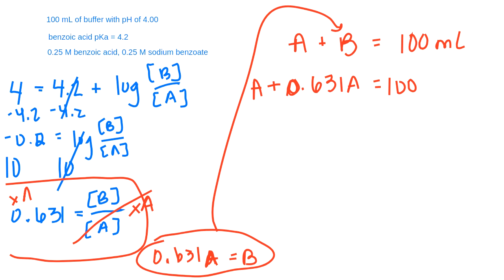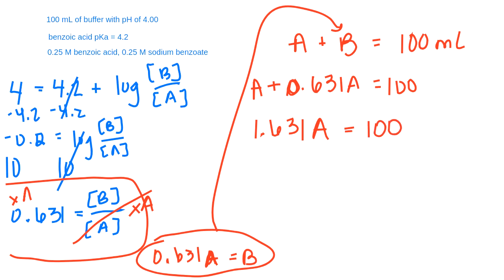Technically, the first A that doesn't have anything else written with it has a 1 in front of it. So 1A plus 0.631A gives us 1.631A equals 100.